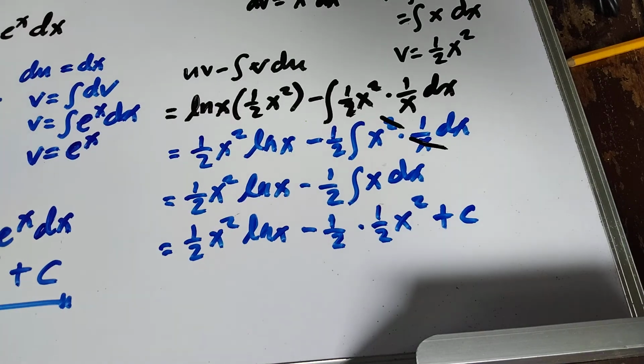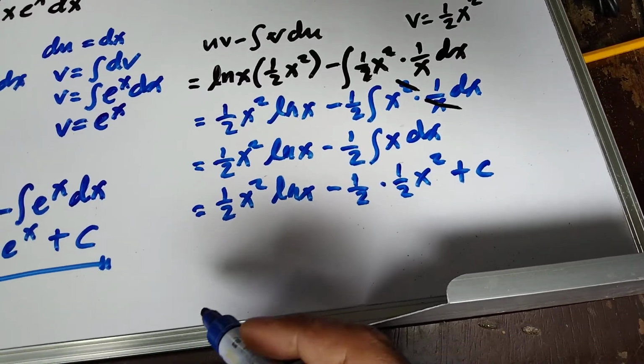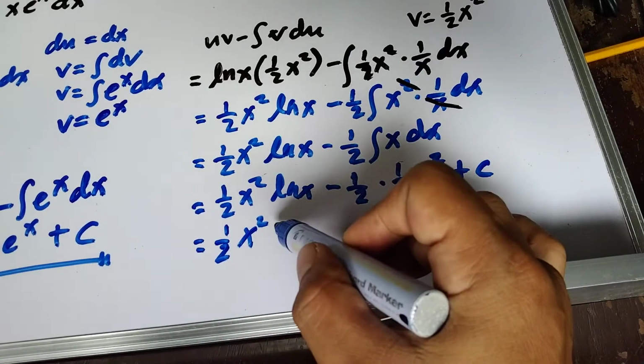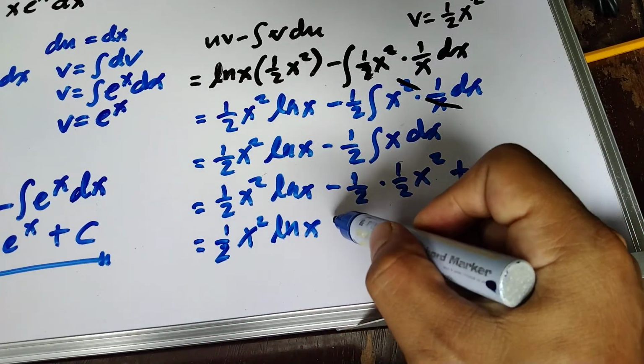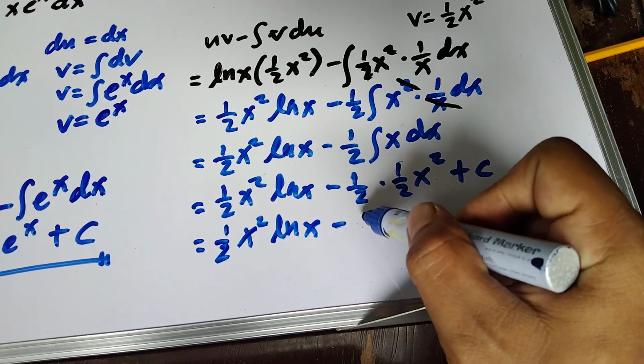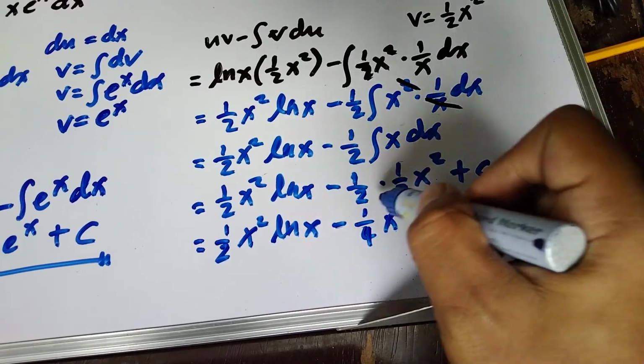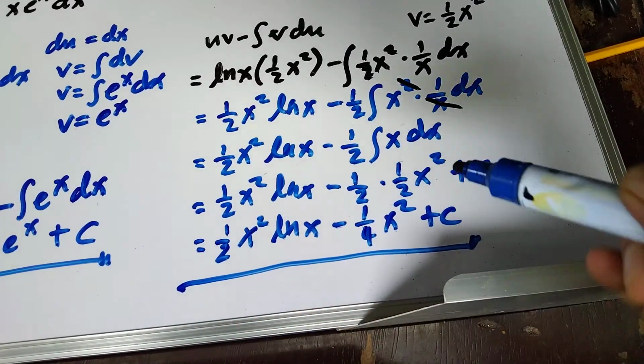So, let's continue. Finalize your answer. You have 1/2 x squared ln of x minus 1/4 x squared plus c. That's it.